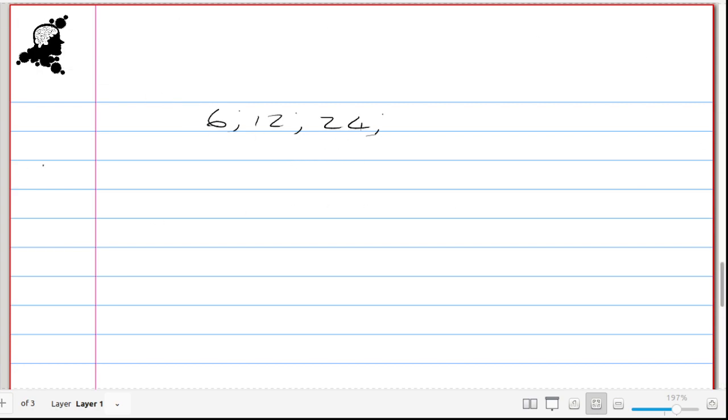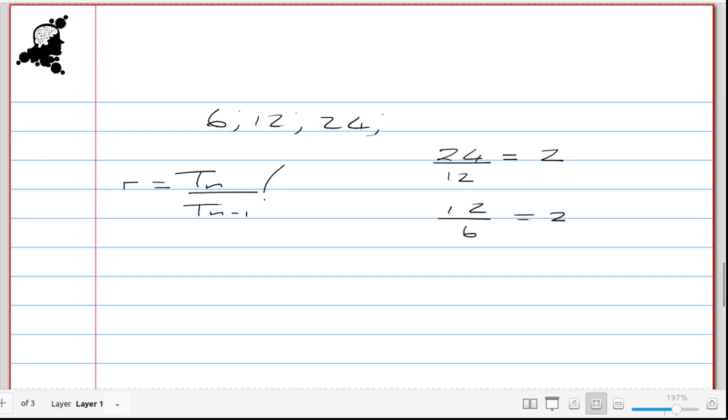Let's see. If I decide to take 24 and divide it by 12, I'm going to get 2 as an answer. If I say 12 divided by 6, I'm going to get 2 as an answer. Something that I forgot to mention in the notes is that to calculate the common ratio, you will use the general expression Tn divided by Tn minus 1.